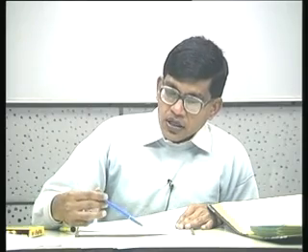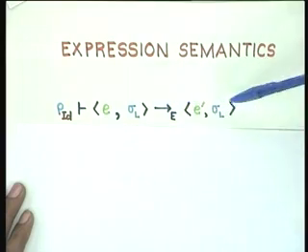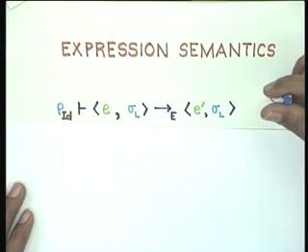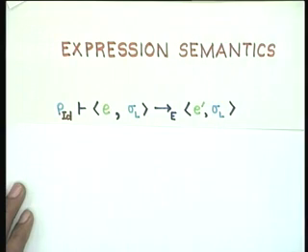Otherwise, in our case the expressions are really the expressions that can occur on the right hand side of assignment statements. That's really the only kind of expressions that you need to worry about.